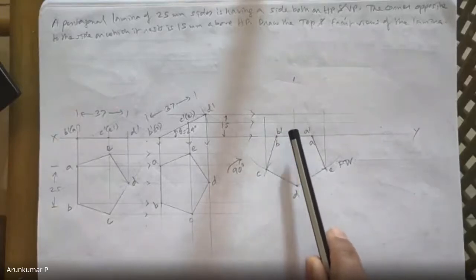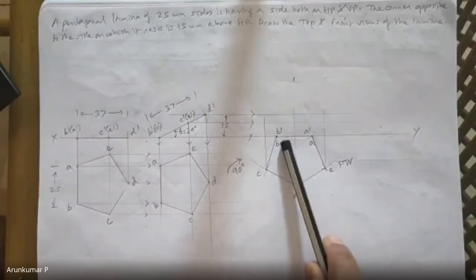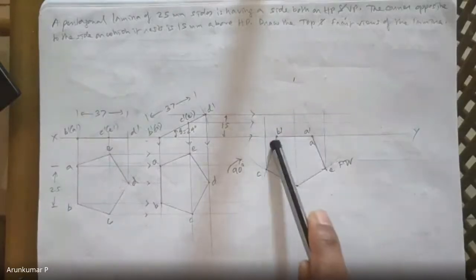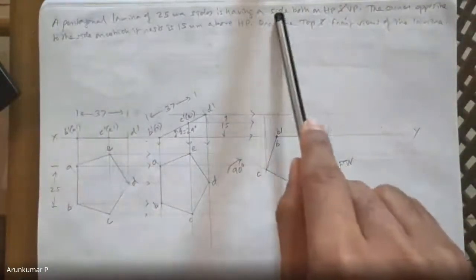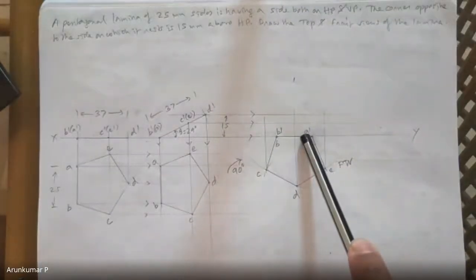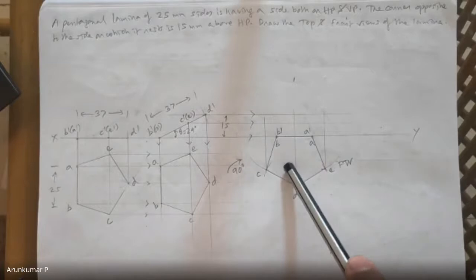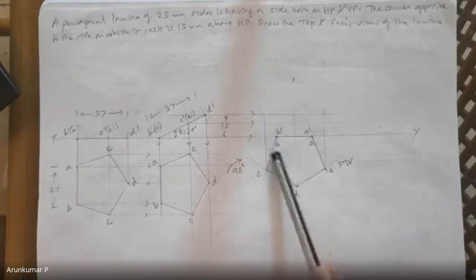This indicates that the edge is on XY line. That is why the front view is on XY line, the top view is also on XY line. And that is what we wanted because we wanted a side both on HP and VP. We got it. Since the side is on HP, its front view is on XY line. Since the side is on VP, its top view is on XY line. That is what we have got here.